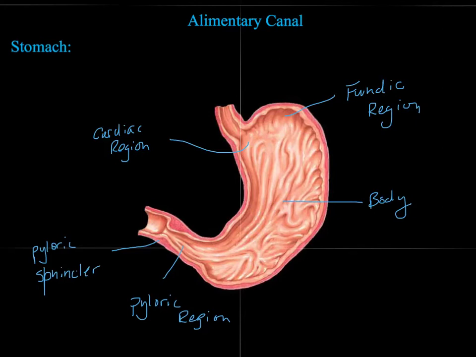Within the stomach, you see these tiny little folds, right, called rugae. And rugae contain gastric glands.